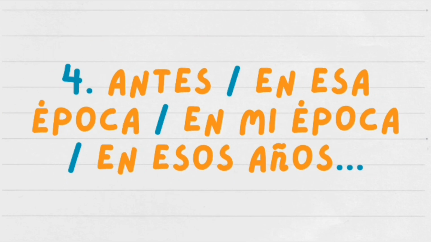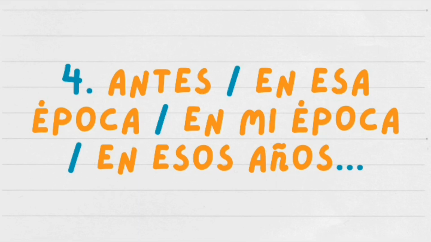Case number 4, okay? Also, when you see these words, it means that you have to use the imperfect past in your sentence. If you have the word before, you're talking about the past, so you have to put your verb in the imperfect past. Also, if you're talking about this phrase, at that time, which means en esa época, at that time, en esa época.